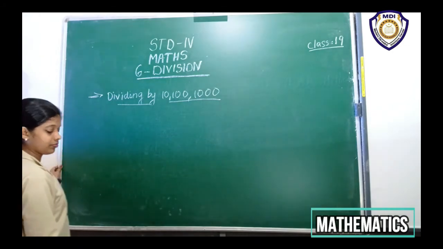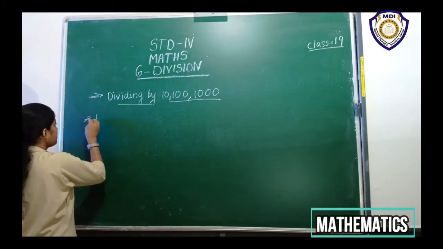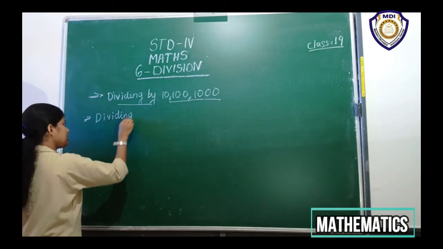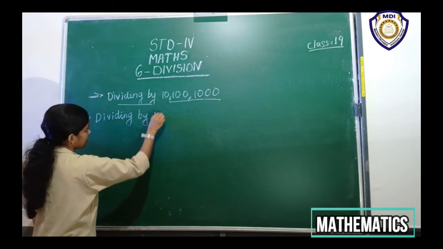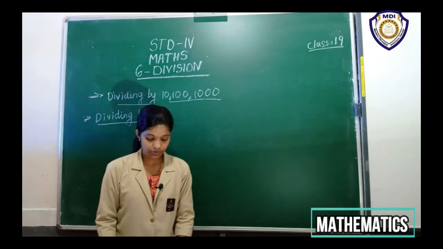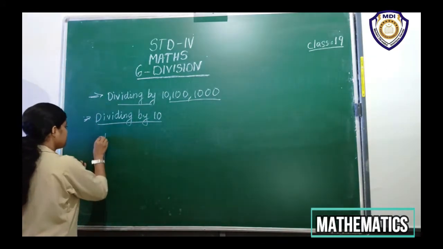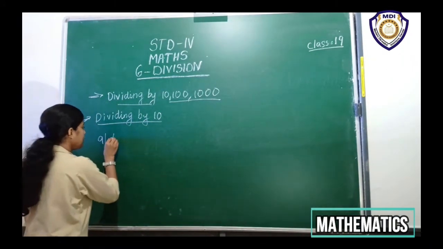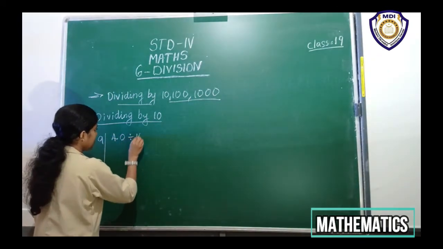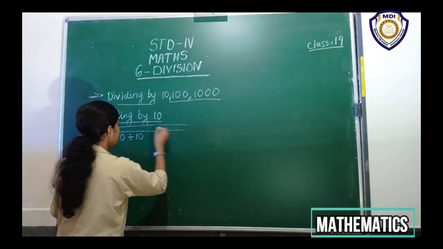Okay, listen. Dividing by 10. Firstly, dividing by 10. One example for you. Example A: 40 divided by 10.